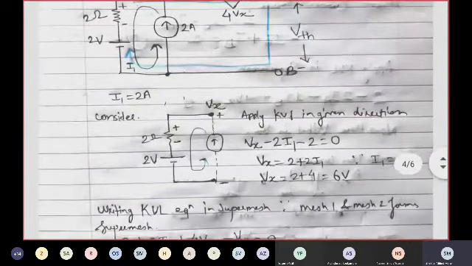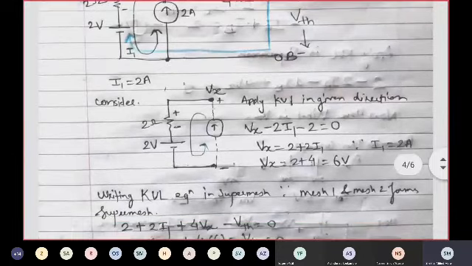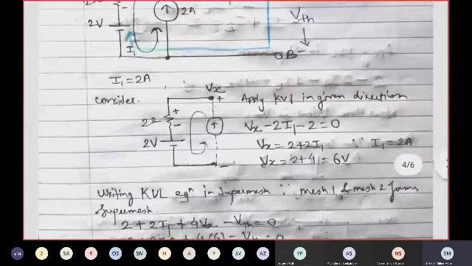Just remember this particular part, and Vx is the voltage across that 2 ampere. So if you apply KVL in this particular branch, then you will get the value of Vx. Negative to positive, and I am taking the same direction for understanding purposes. So negative to positive, I am getting Vx, then positive to negative minus 2 into I1, this is my I1 flowing through that, and positive to negative minus 2 is equal to 0. So here I get Vx is equal to 2 plus 2I1.